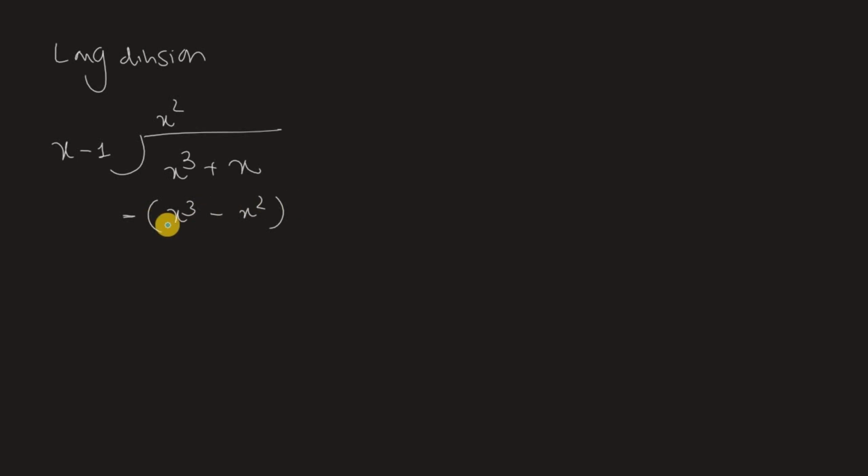I'm just going to use a different color so you don't get confused. So that's going to become negative, and then negative and negative is going to become a positive. Now we can continue with the problem. Let me remove this so that you don't get confused.